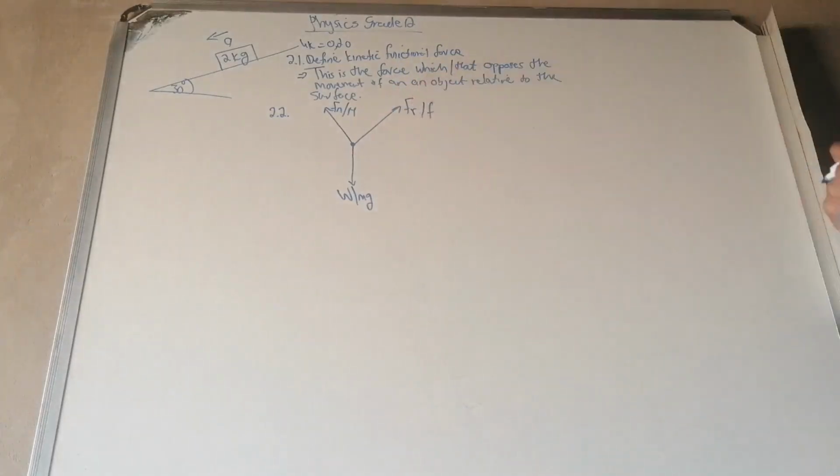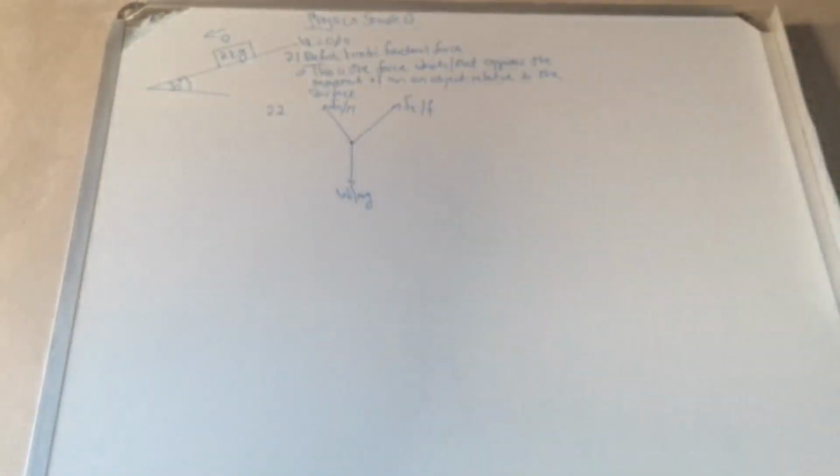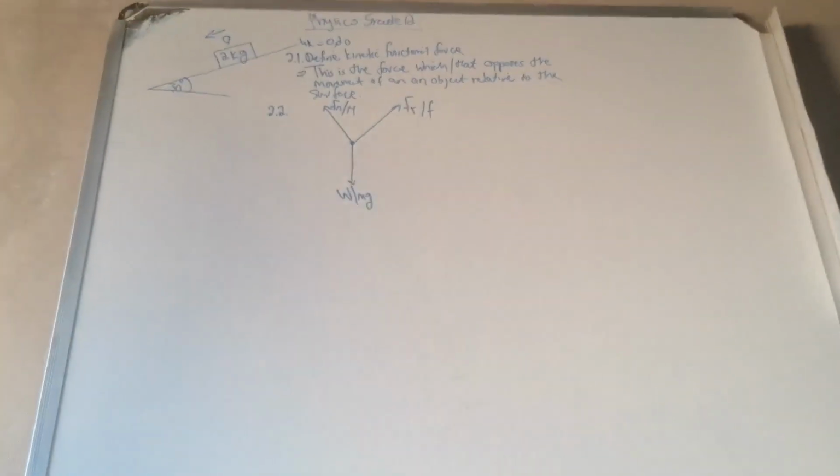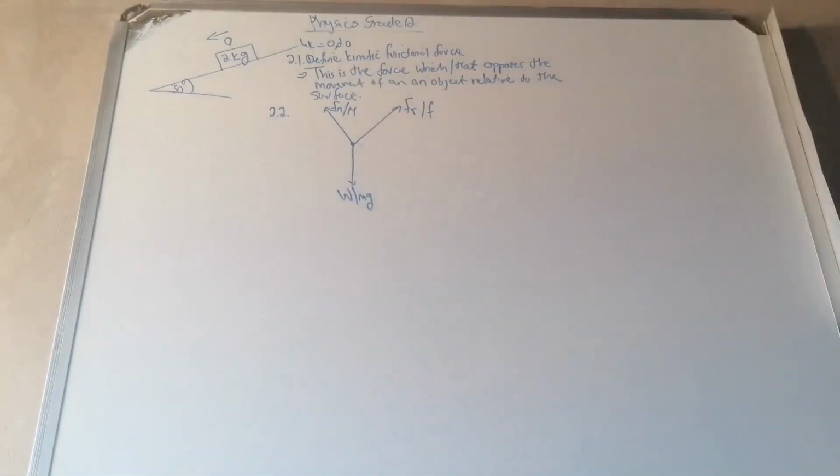So Fr, or small f, will denote the frictional force that is acting while the object is in motion. So this may be the first free body diagram where I'm showing those forces, because the object is in motion and I'm never told about any forces that are applied as the object is moving.